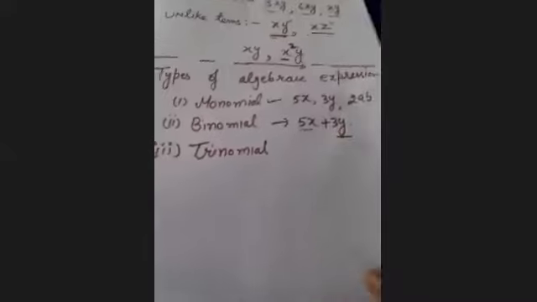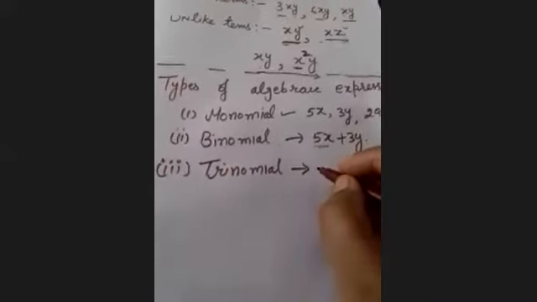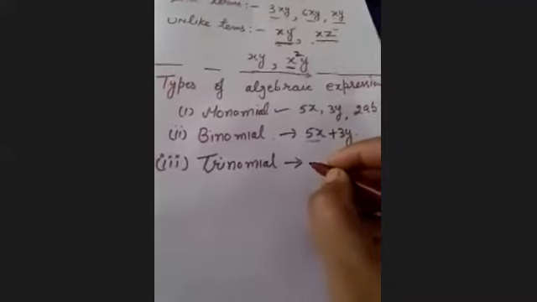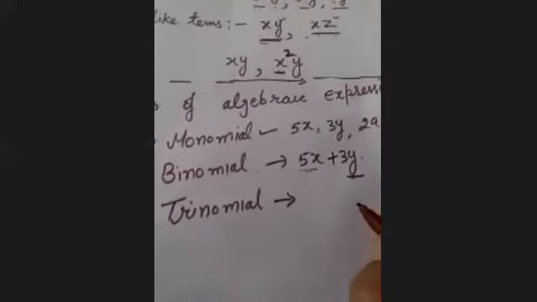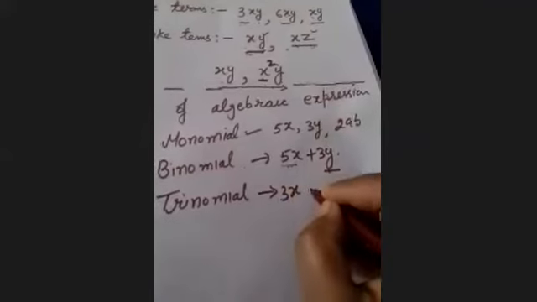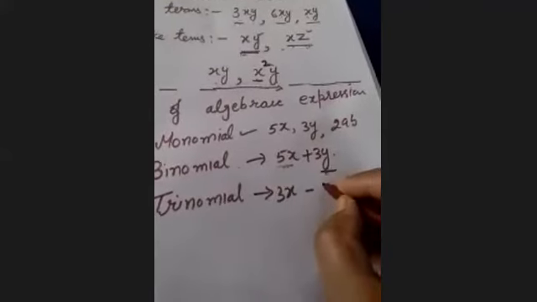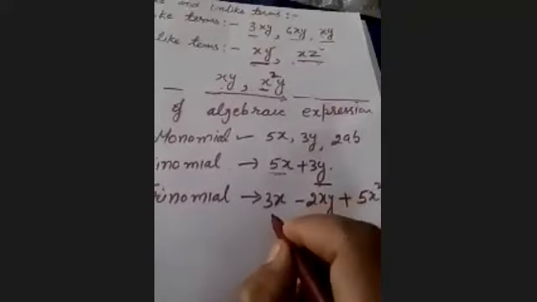Next is trinomials, an algebraic expression having three unlike terms is known as a trinomial. For example, 3x minus 2xy plus 5x square y square. Now in this algebraic expression we have three terms, first, second and third.